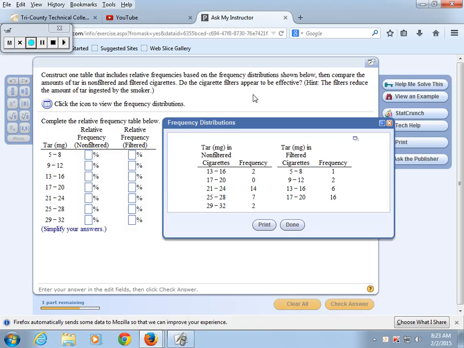Okay, so we're going to copy that over to the Excel spreadsheet just for organizational purposes.